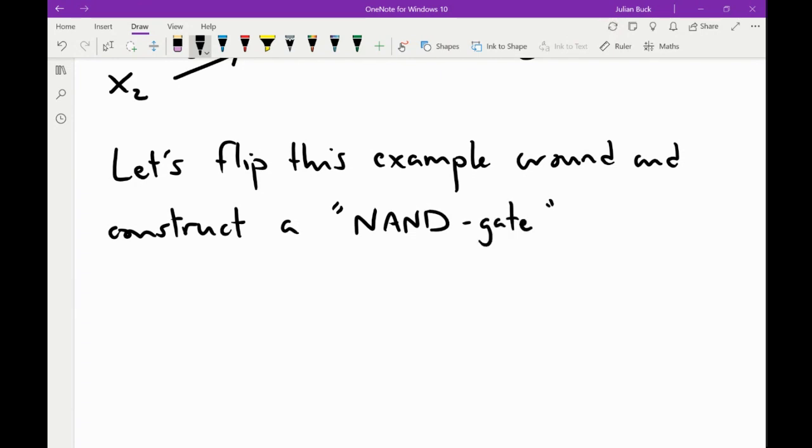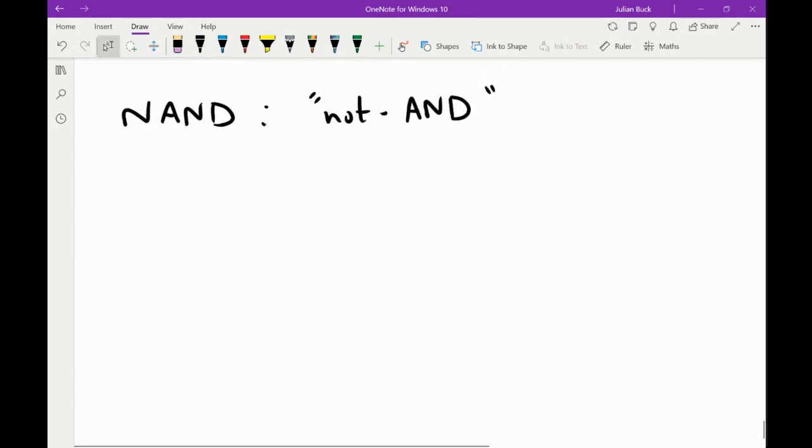So what do we mean by NAND? This stands for not AND. The idea here is that we want the opposite of the AND gate. So the logic table is as follows.